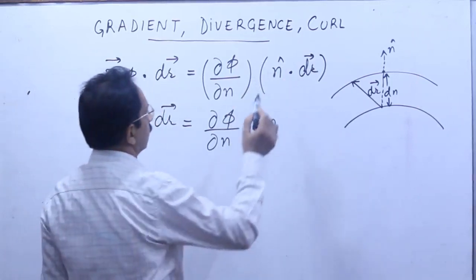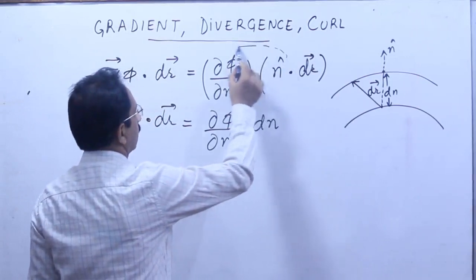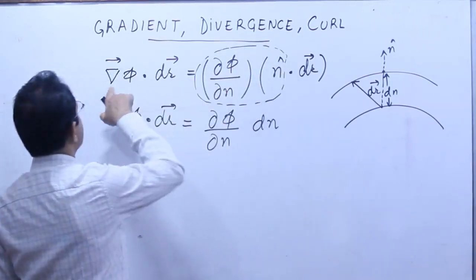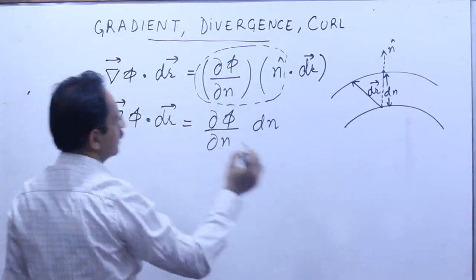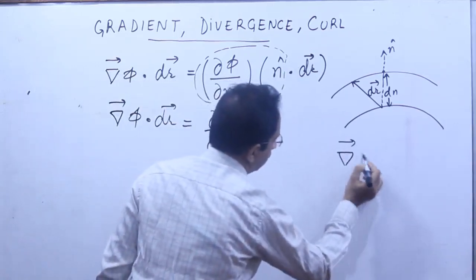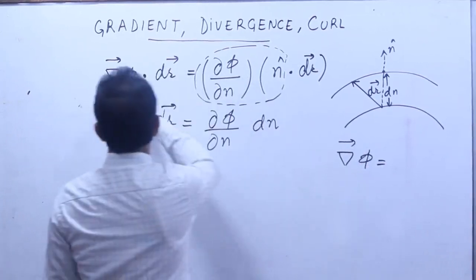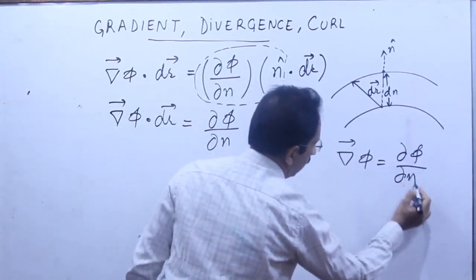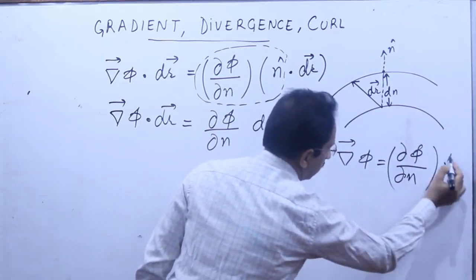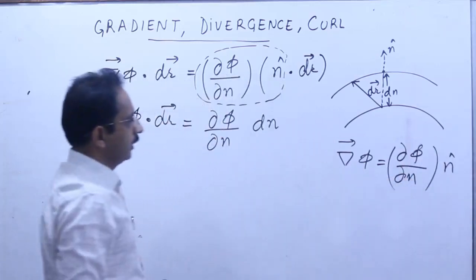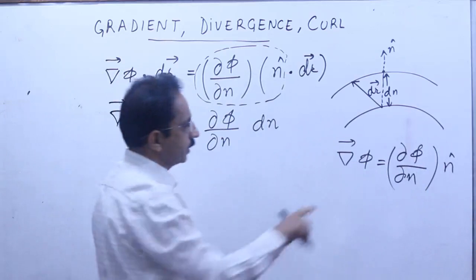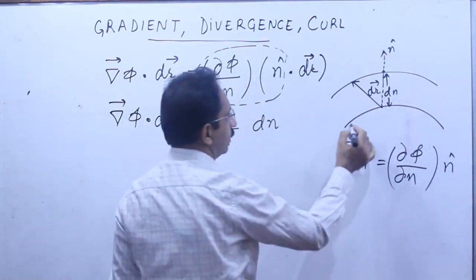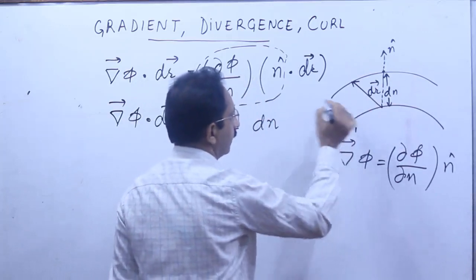And otherwise also, if you take this product, you will agree with me that this is how we have already defined del phi. We have already said that del phi is equal to dou phi by dou n into n cap, which is the rate of change of phi with respect to n in the direction of n cap, that is perpendicular to the level surface.